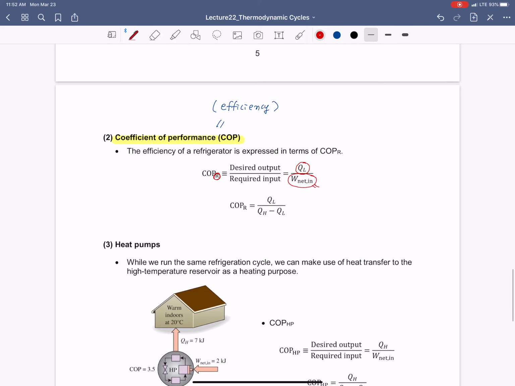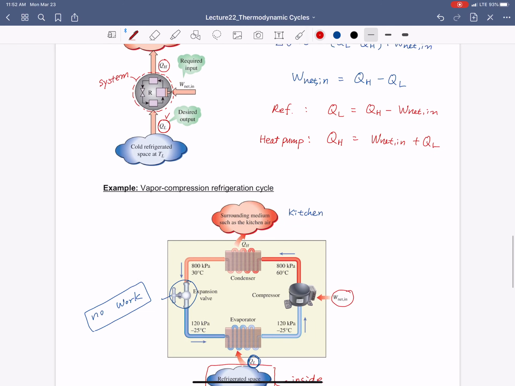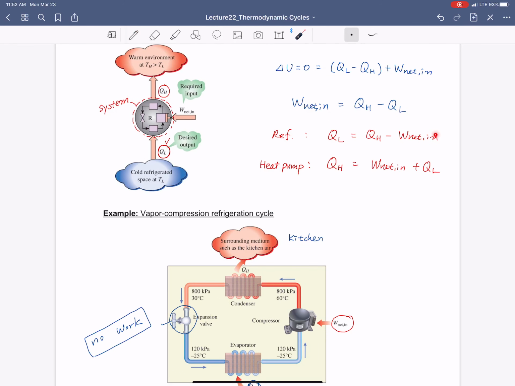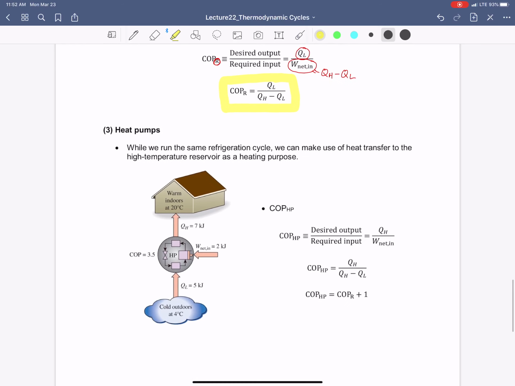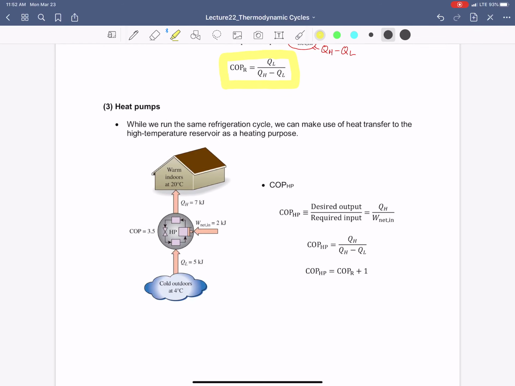Then from the first law of thermodynamics, where we wrote down here, W net in can be written as QH minus QL. So the final equation for refrigeration can be expressed as QL divided by QH minus QL. And now, how about the heat pump?